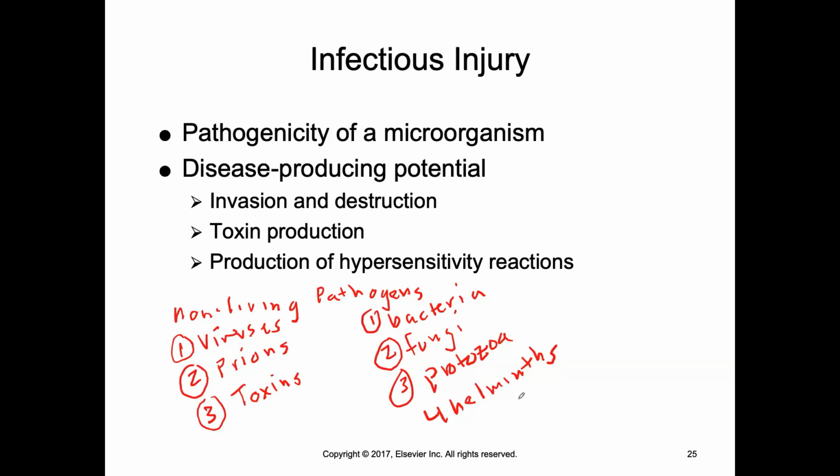Most of the damage that comes from the protozoa and the helminths comes from invasion and physical destruction of tissue and blockage of structures. They can produce hypersensitivity reactions because of the foreign antigens they bear on their surface, and that's also true for the non-living pathogens.